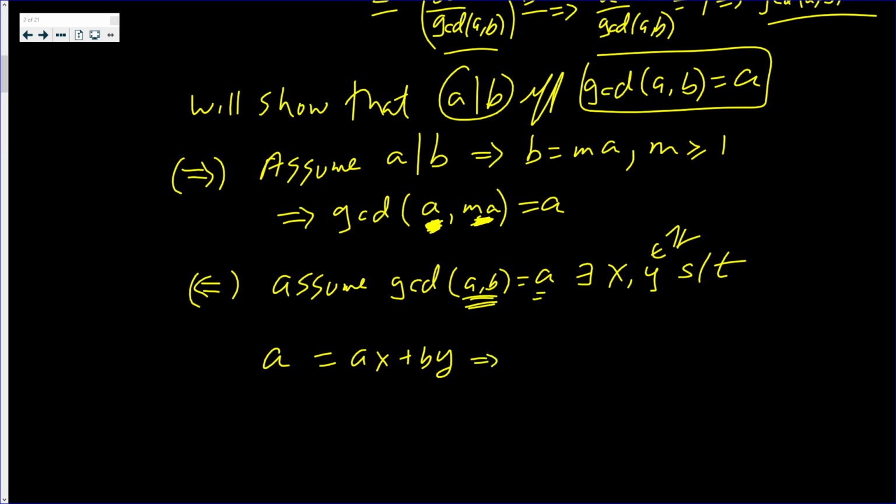But this is going to imply that x is 1 and y is 0. Because a times 1 plus b times y, and I'm saying y is 0. Well, that does equal a.